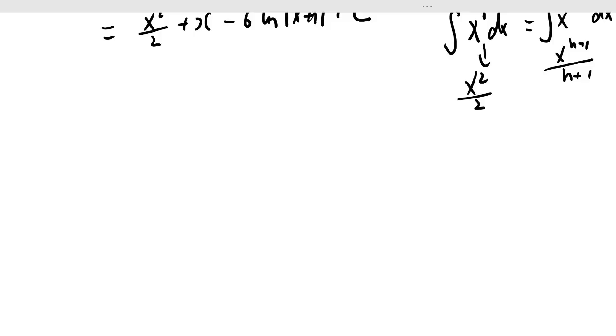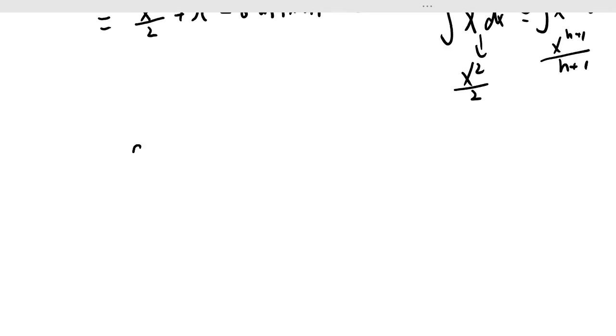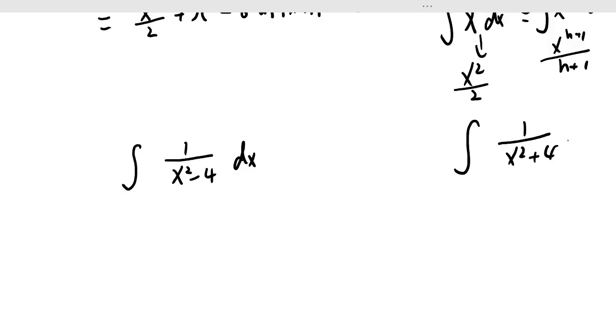Now let's work on something else. The two problems we have right here are very similar, because we have the same numerator 1 and the denominator is x squared minus 4.